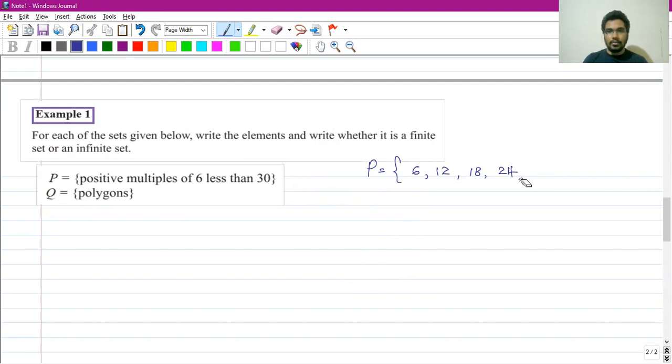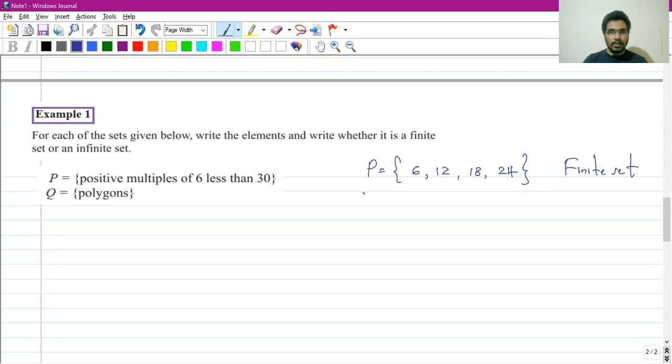No, because they have told us less than 30. It must be less than 30. So you can see there is a specific number of elements. There are only 4 elements in this set. So we can say this is a finite set.